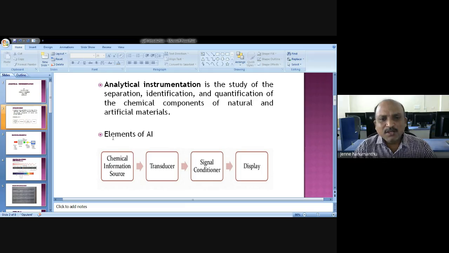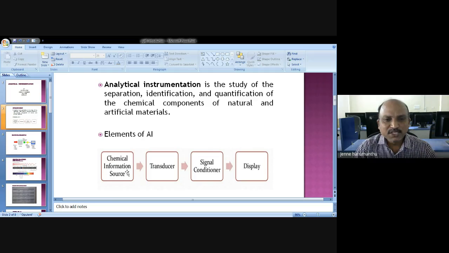How is this analysis going on? First of all, the availability of a chemical component, or any mixture or chemical compound, is nothing but the chemical information source. With this block, we have a chemical sample. Suppose you want to find out the pH value.